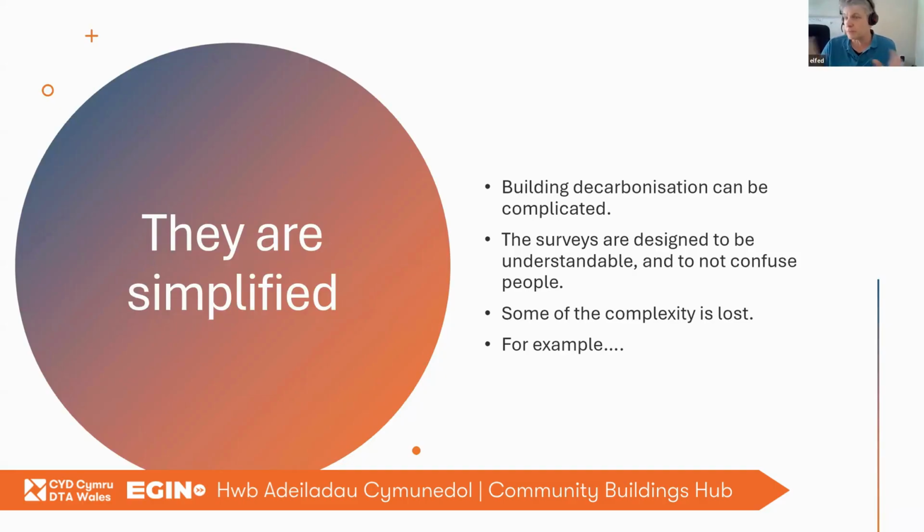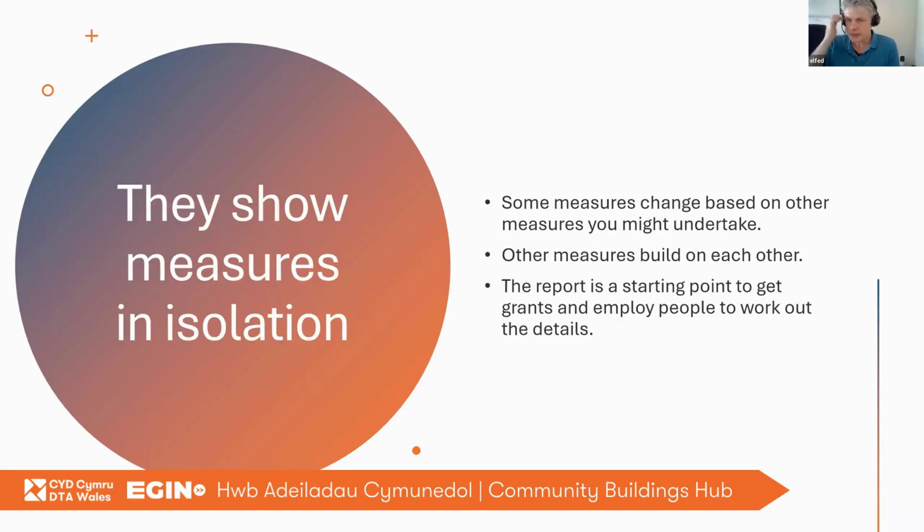It's giving you a simple picture of the building. Some of the measures will build on each other. Some of the changes you make will negatively affect some of the other things you might do. Some of the other things will build on them. A great example of things that work well together would be internal wall insulation and double or triple glazing.